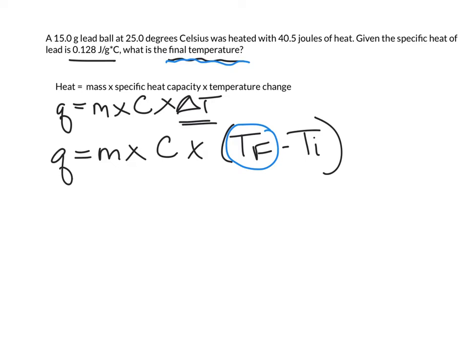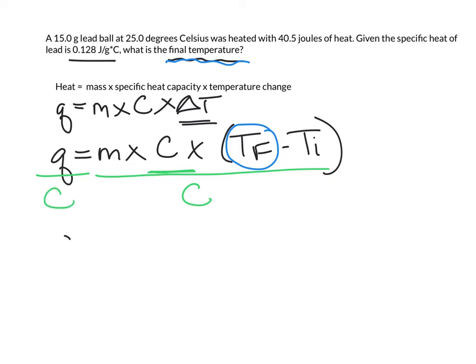Let's take the heat capacity first since it's closer to our brackets, and to bring it over to the other side, we want to do the opposite operation that's happening. So if we're multiplying by heat capacity, we want to divide both sides by heat capacity.